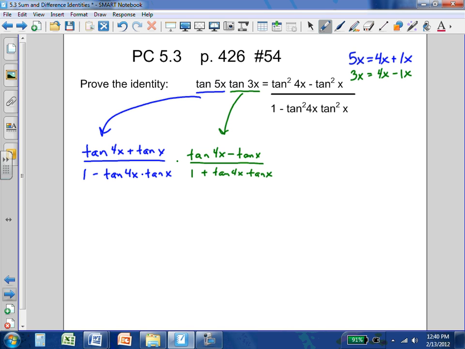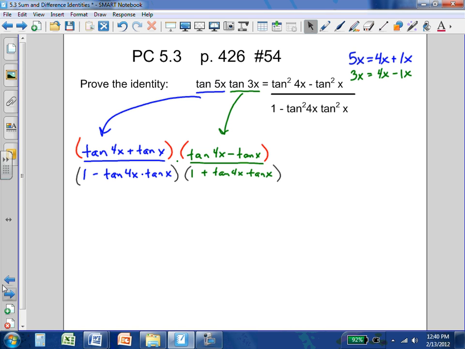Okay, so now I am going to be multiplying these two fractions together. So that means I am taking numerator times numerator, and denominator times denominator. I'm going to skip a few little steps here and talk to you about what's happening.